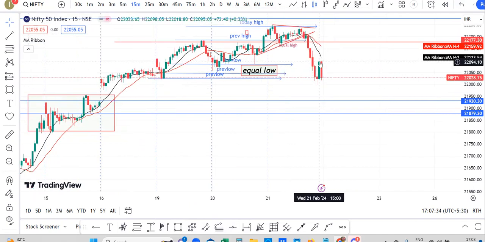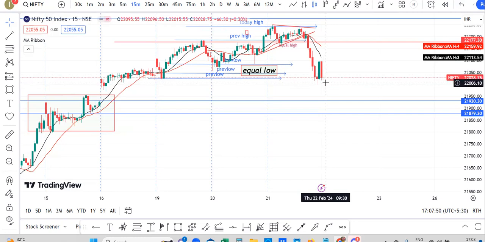The market tried to make a high pullback to the level of 22,173, 197. It failed, actually failed, and closed at the low of the day.